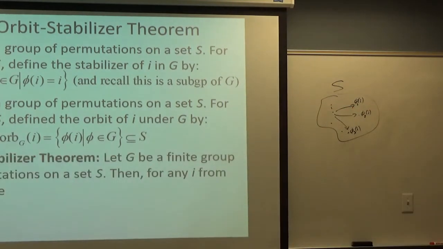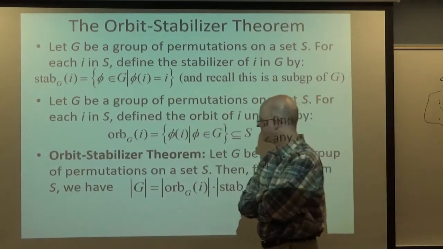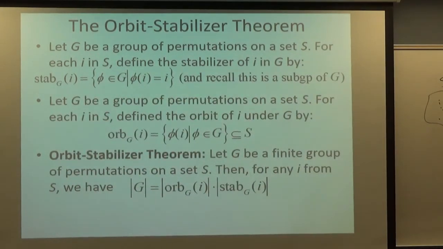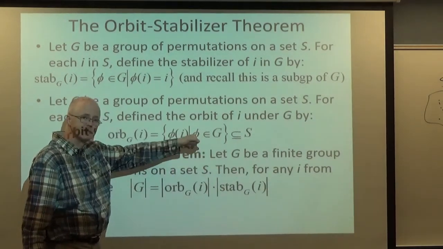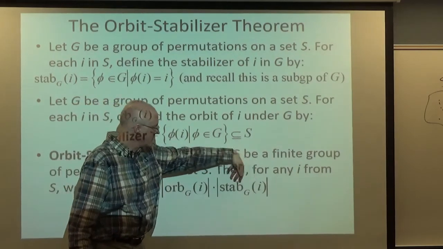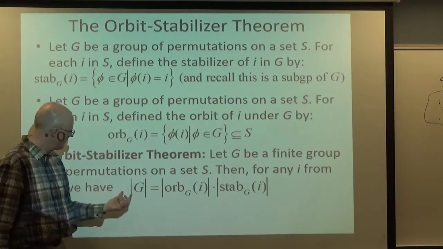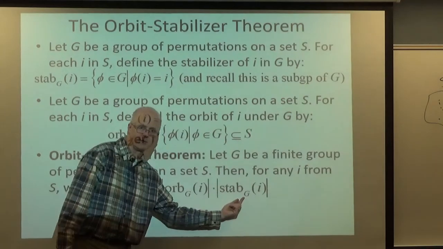The Orbit-Stabilizer Theorem says that if G is a finite group of permutations on S, then for any I from S, we have this equality. The order of G is the product of the number of elements in the orbit of I with the order of the stabilizer. Notationally speaking, this is the order of a group, and this is the order of a subgroup of the original group.